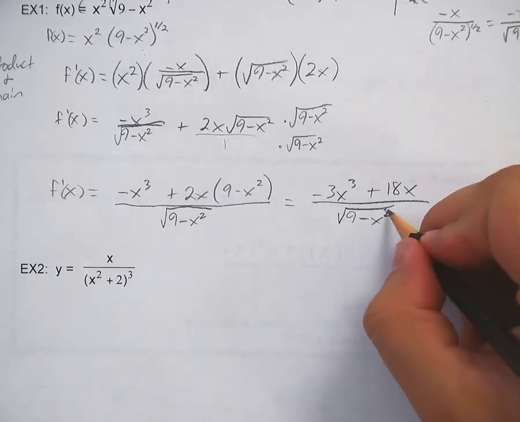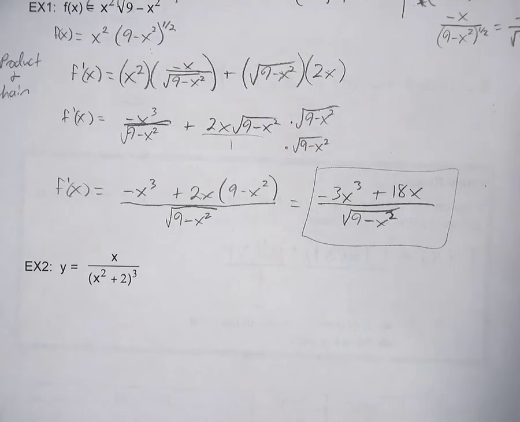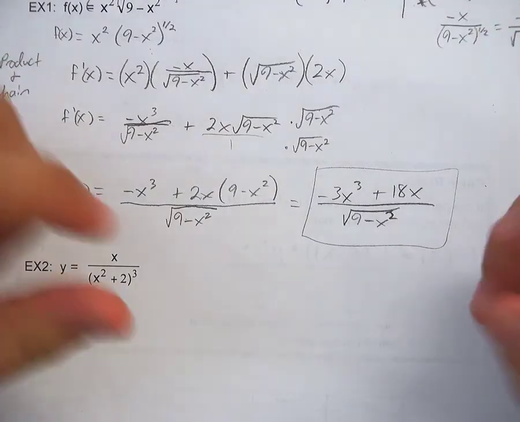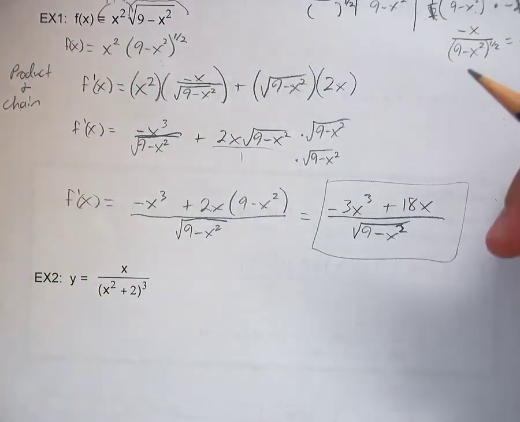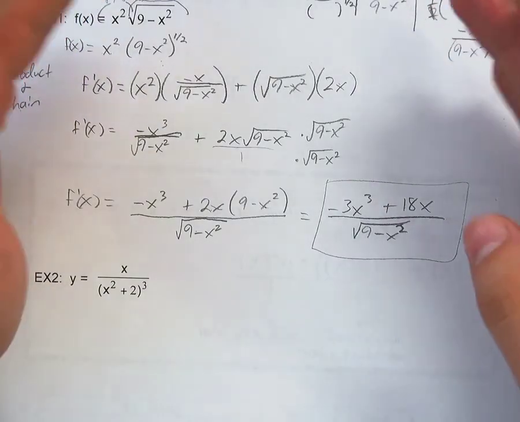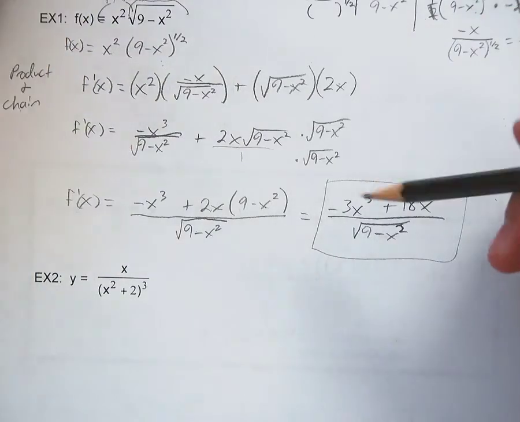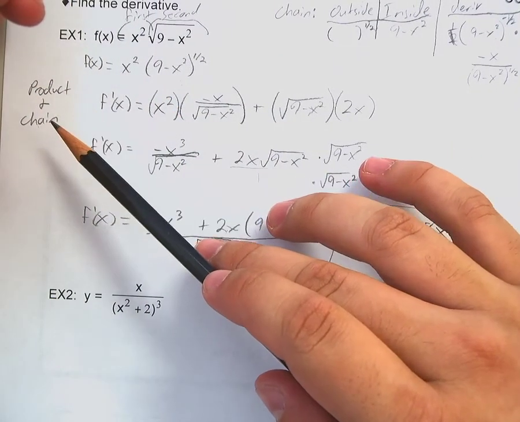I will not make light of these. These questions are some of the more difficult ones, mainly because there are just multiple different places where you might get lost. Just remember, big picture ideas, okay? Big picture ideas is a product rule and a chain rule.